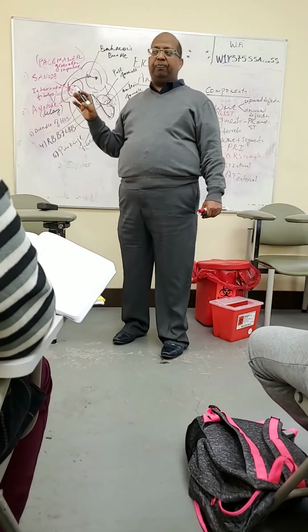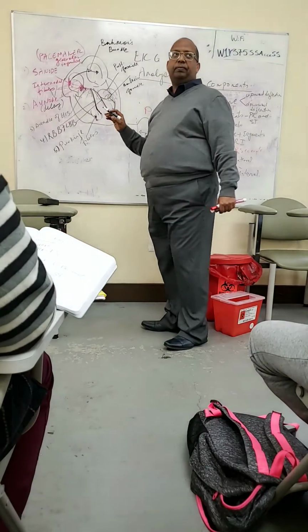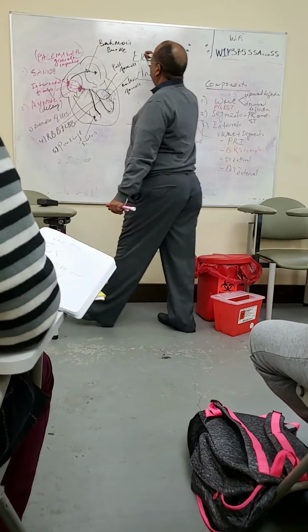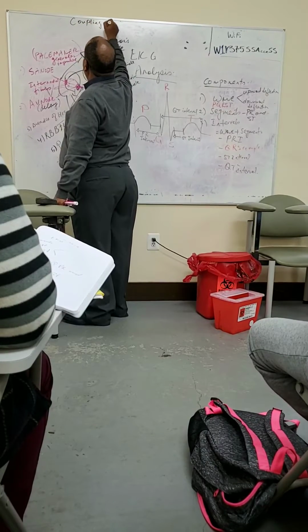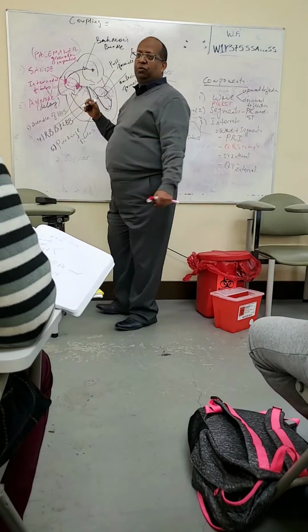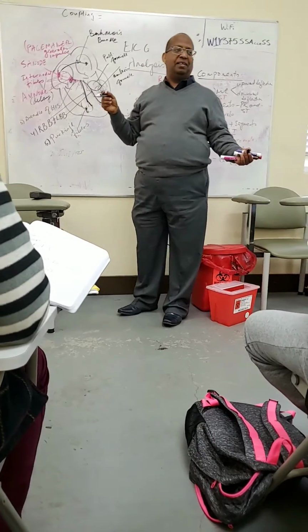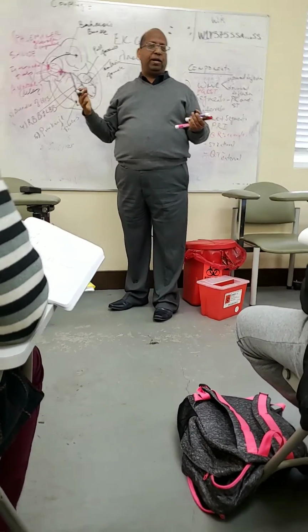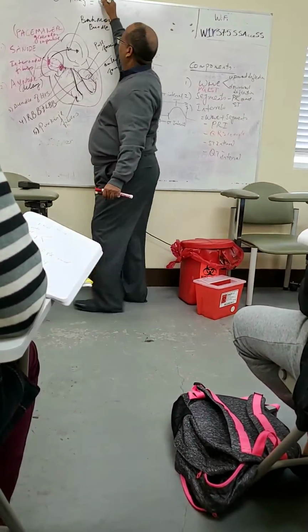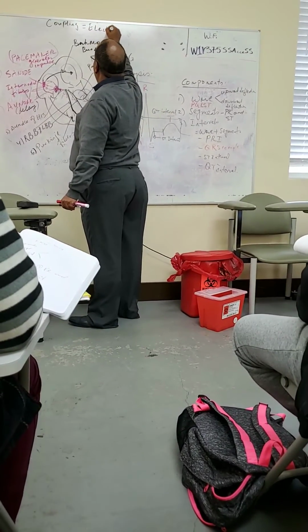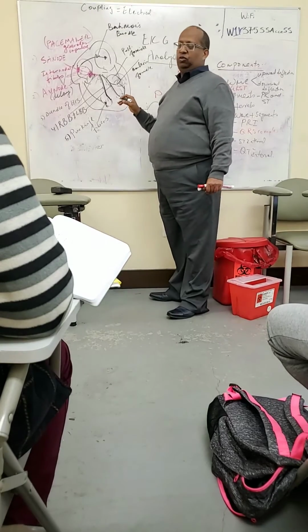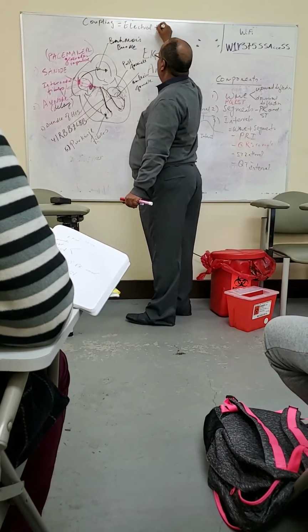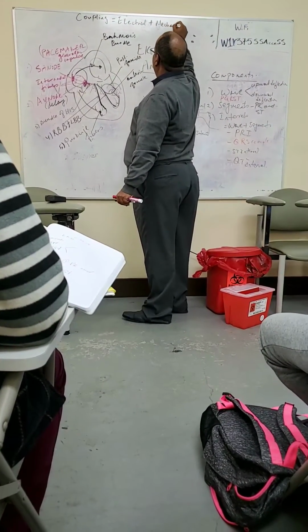And now, what's going to happen? There are two things now. There is what we call coupling. Do you know coupling? Together. Two things always happen together: one is electrical and the other is mechanical.